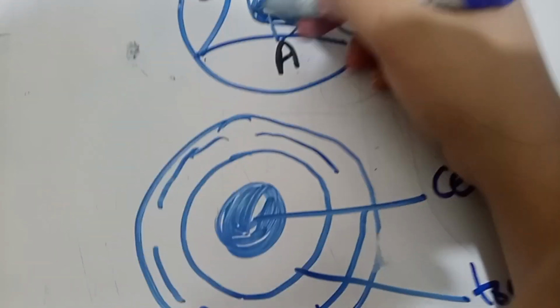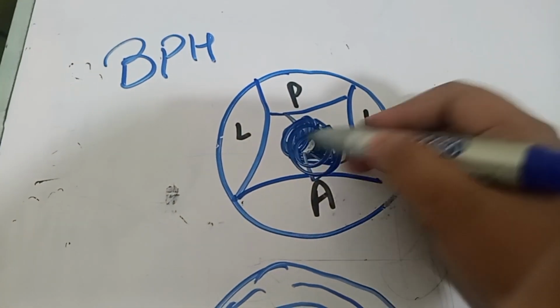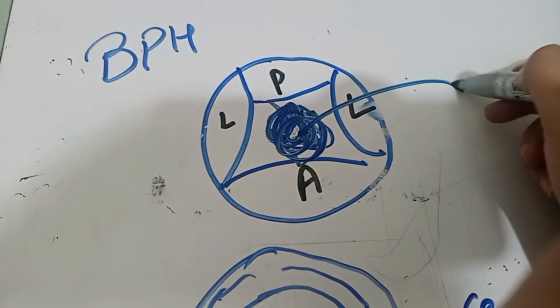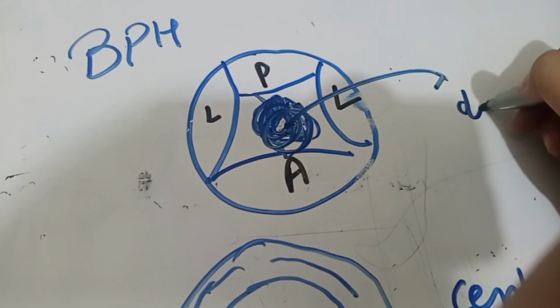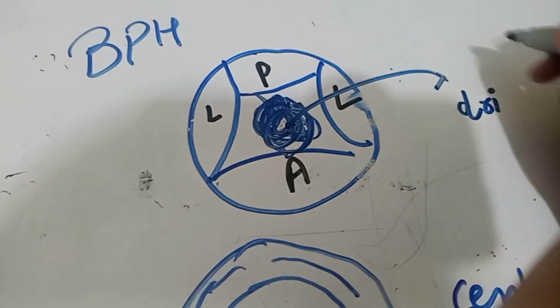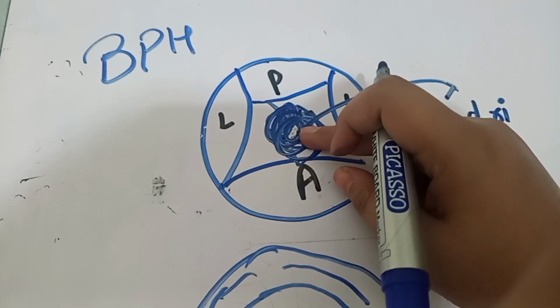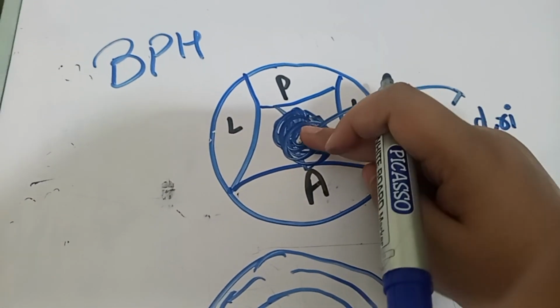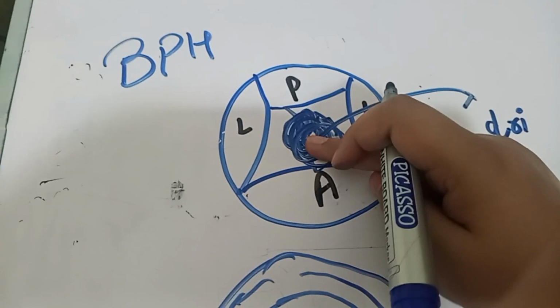If there is prostatic enlargement like this, it exerts pressure on the urethral opening and the patient complains of dribbling of urine, because there will be enlargement in the middle lobe and the transitional zone, and in the middle lobe we have the urethral opening.